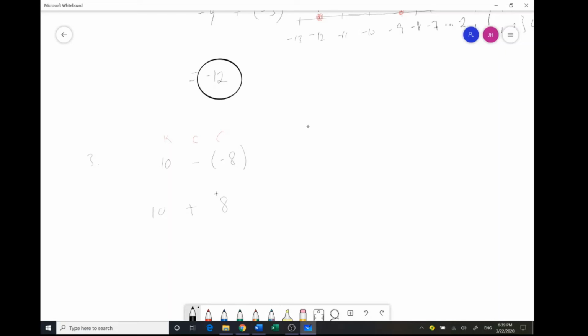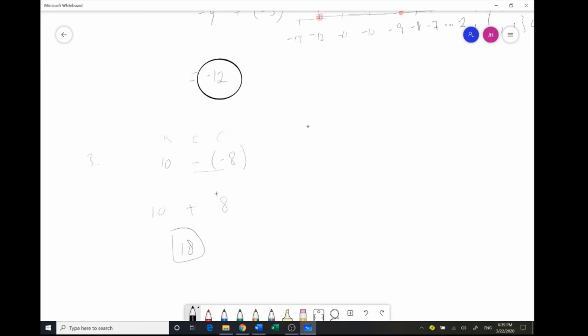Okay, in this case, I don't think we need to draw number lines because 10 plus 8 is 18. You might think that this minus negative looks so funky, but at the end of the day, if you apply KCC, it changes back to the normal math that we're doing, which is 10 plus 8.